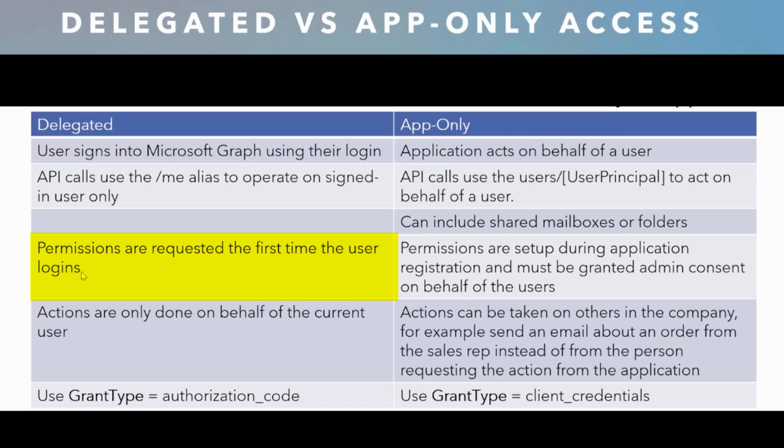By permissions, I mean things like Microsoft Graph wants your permission to be able to read emails, to be able to write information about users, whatever permissions are required to be granted in the Microsoft 365 space. Those are requested the first time the user logs in.